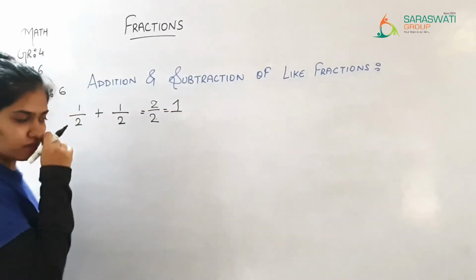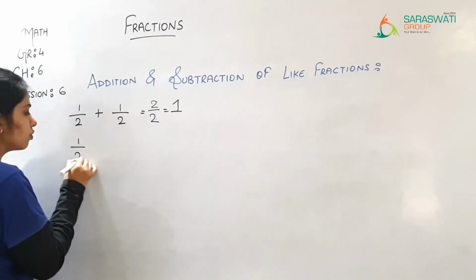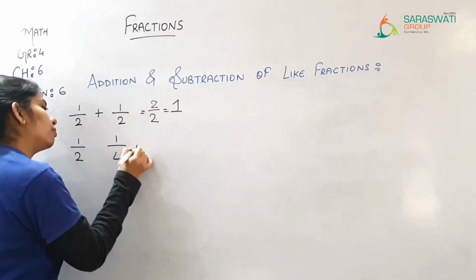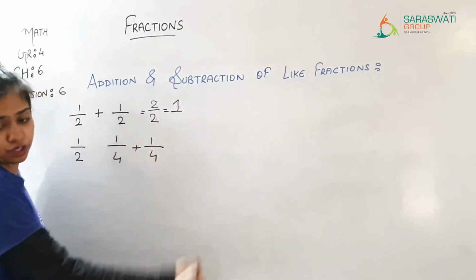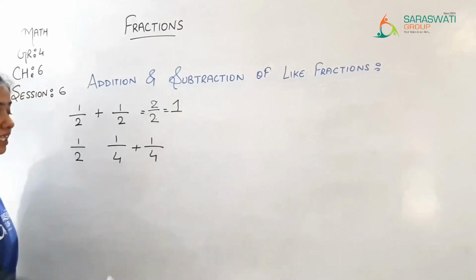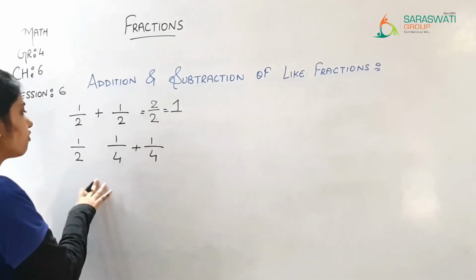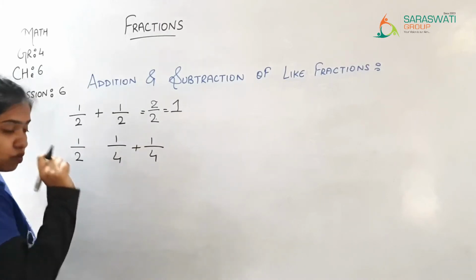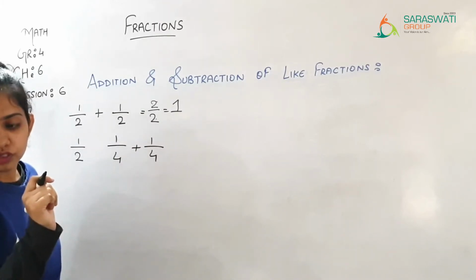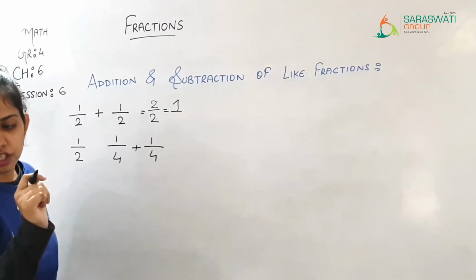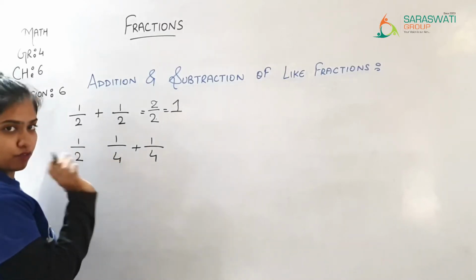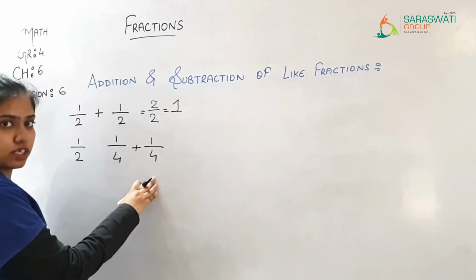Then afterwards, if it is 1 by 2 and 1 by 4 plus 1 by 4. Now it is given this way. ये half है, ये 1/4 और ये 1/4. ये half है, 1/4 है, ये 1/4 है.